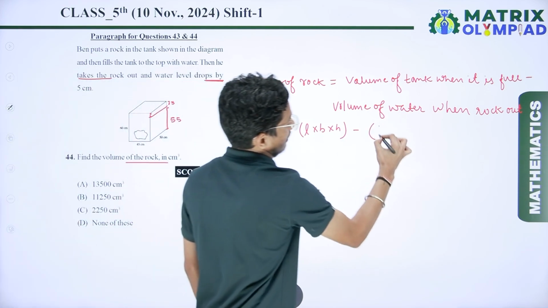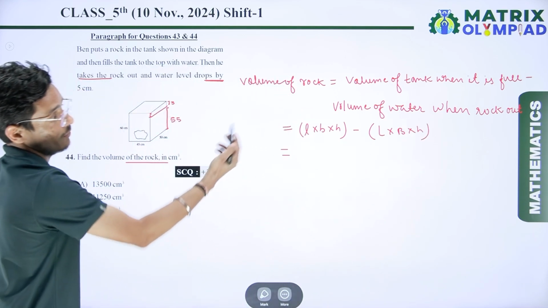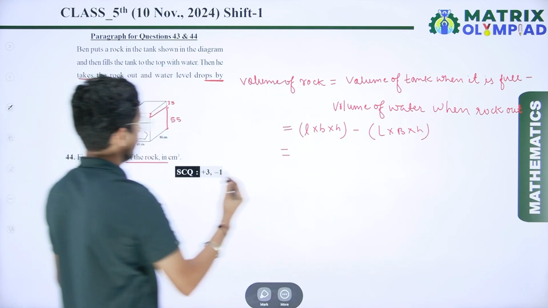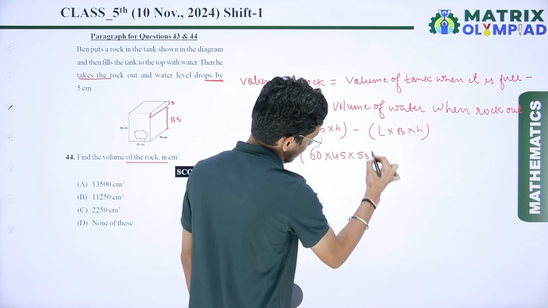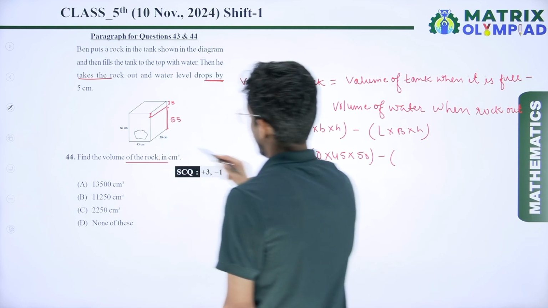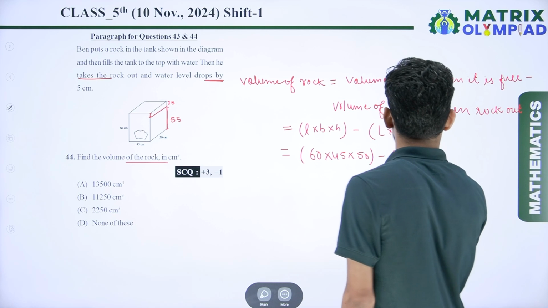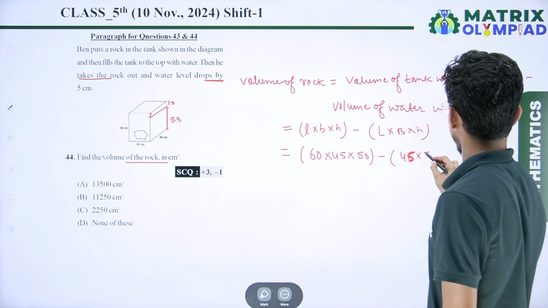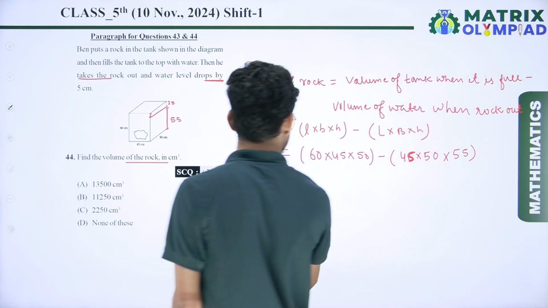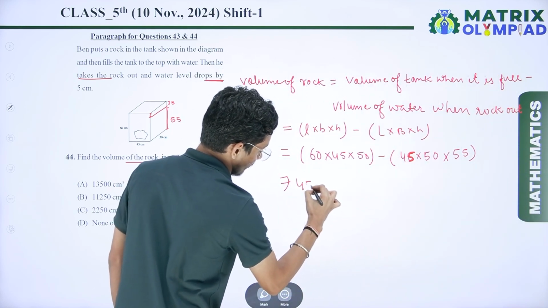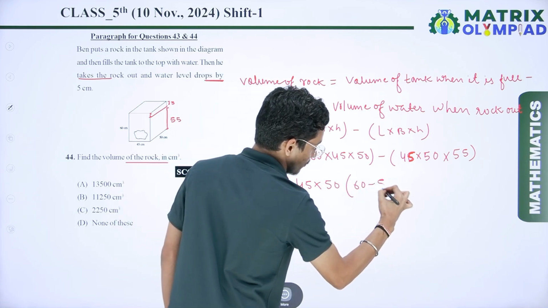So the volume of tank is 60 multiplied by 45 multiplied by 50 minus 45 multiplied by 50 multiplied by 55. Taking 45 and 50 common, we get 60 minus 55.